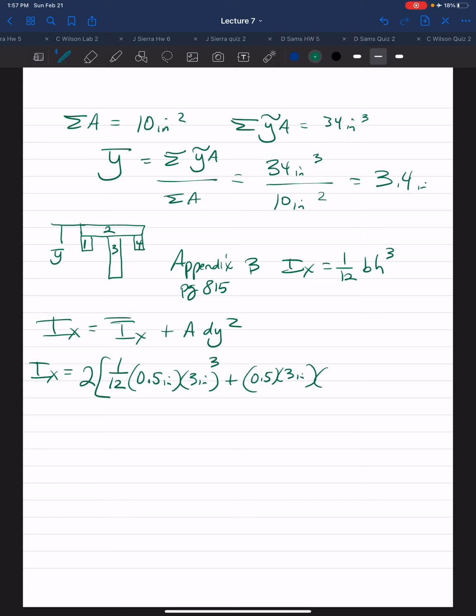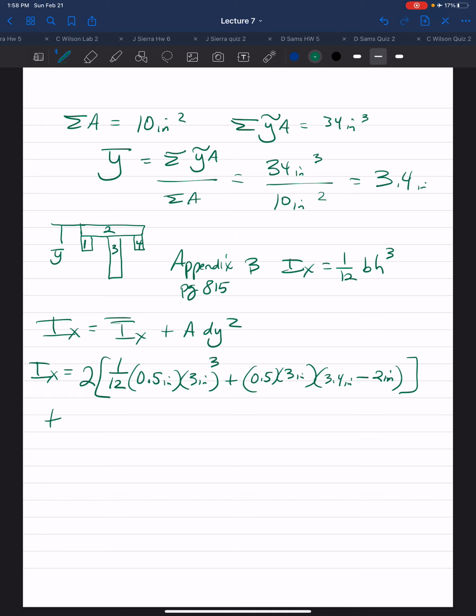Dy is the distance from the composite shape centroidal axes, the 3.4 inches, to the individual centroid of each shape that makes up the composite. So in this case, it would be the 3.4 inches minus the 2 inches, which is the centroid location of segments 1 and 4. So that's for segments 1 and 4.